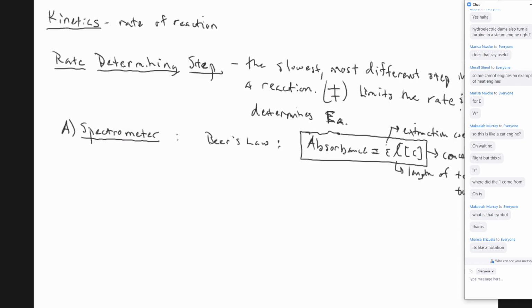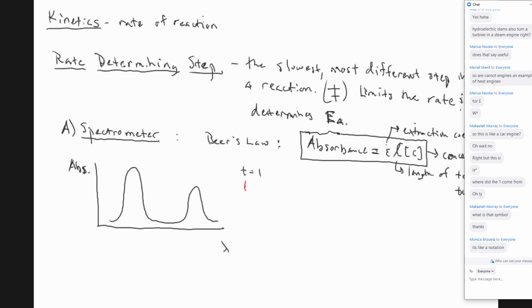This is how you would go about doing it. So you end up getting a bunch of absorbance as a function of your wavelength, right? And at time equals 1, you have a bump that looks like this, 2 bumps.